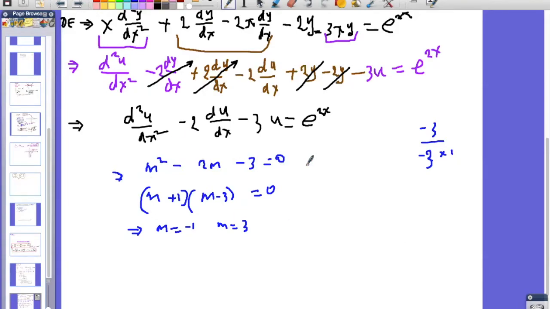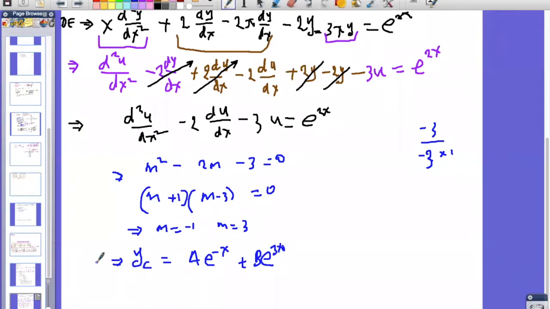So our complementary function is a e raised to the power negative x plus b e raised to the power 3x.